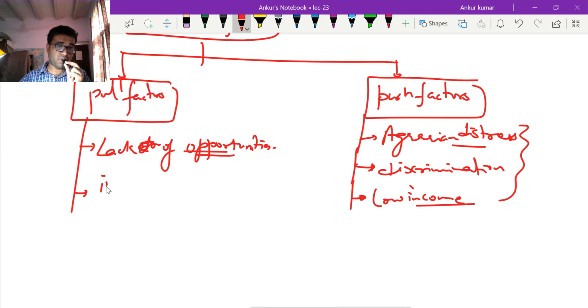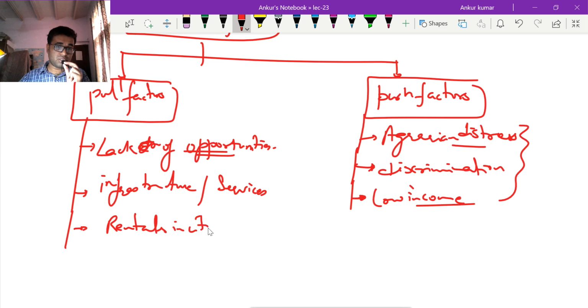Basically, the cities are not able to provide the necessary infrastructure, necessary services to the people who are arriving in the cities. Then again the rentals in cities are not so cheap that people can accommodate themselves in the well established colonies.